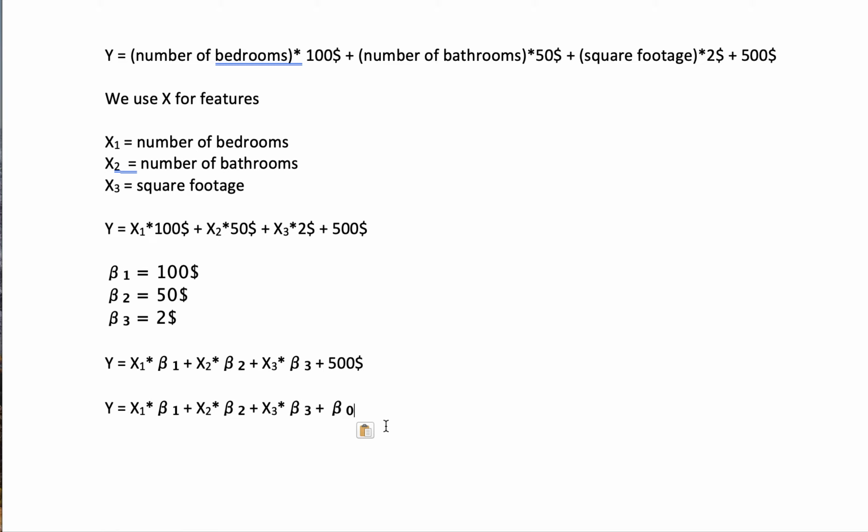And sometimes people prefer to use this notation, beta 0 times 1. But it really doesn't matter. Beta 0 or beta 0 times 1 is the same thing. So let's just leave it out. Okay, and there we have it.